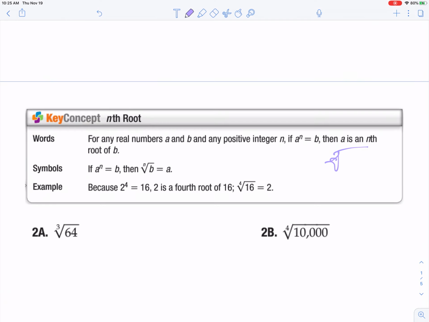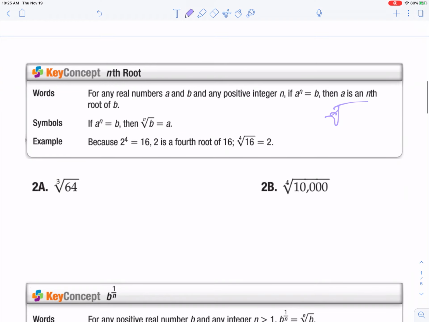So, for example, they have here, they don't write that very well. Okay, we'll just do an example ourselves then. This third is going to come over to be the exponent. If the square root of 64 is the same thing as 64 to the 1/2 power, then the cube root of 64 is going to be 64 to the 1/3 power.